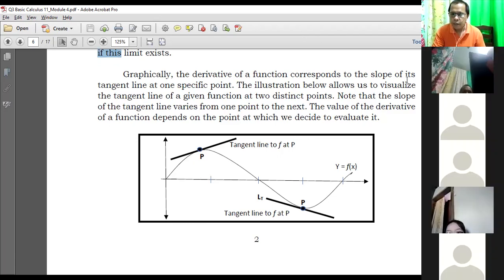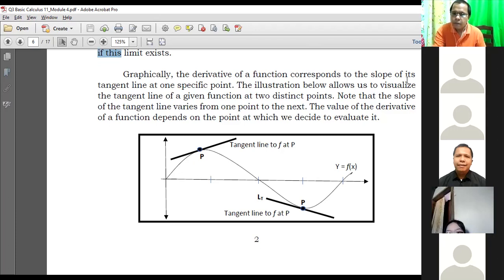You can raise your hand. Even in our pre-calculus we covered this. It was already taught, the tangent line. You forgot.